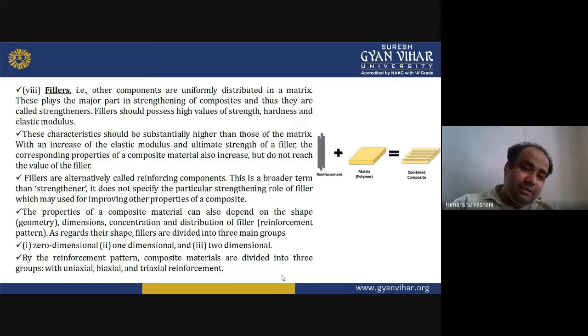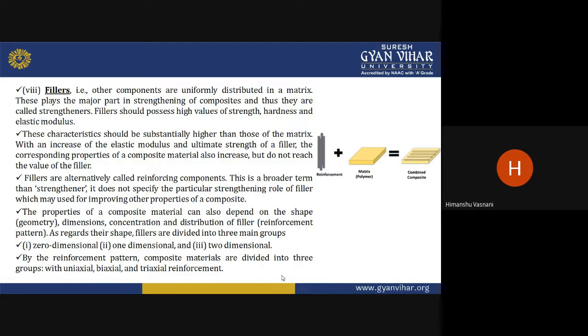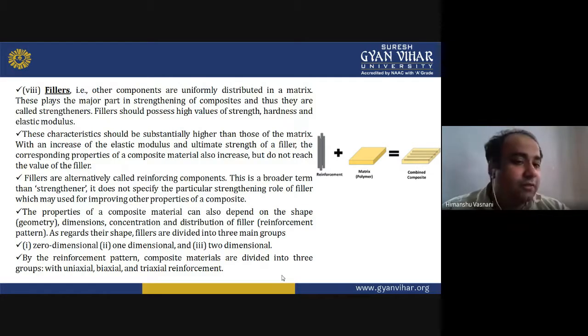These characteristics should be substantially higher than those of the matrix, and with an increase of the elastic modulus and ultimate strength of a filler, the corresponding properties of a composite material also increase, but do not reach the value of the filler.